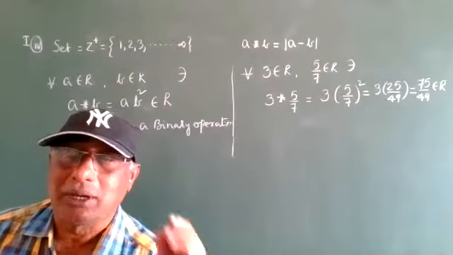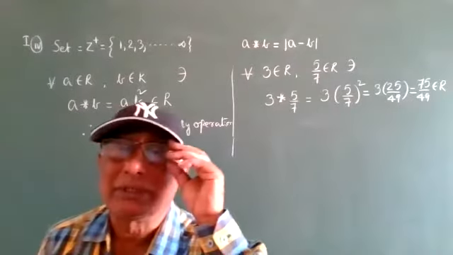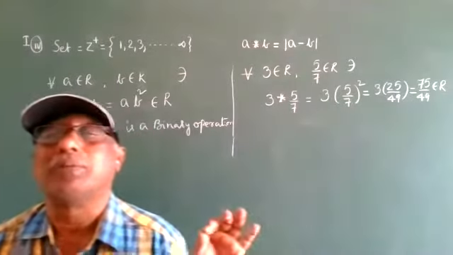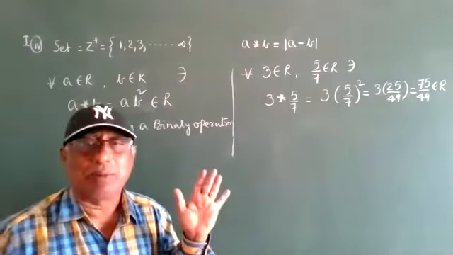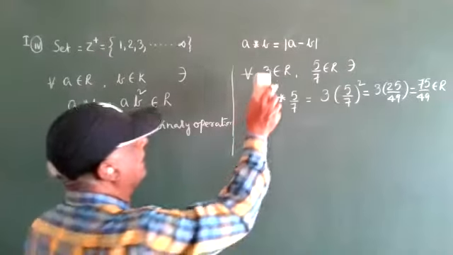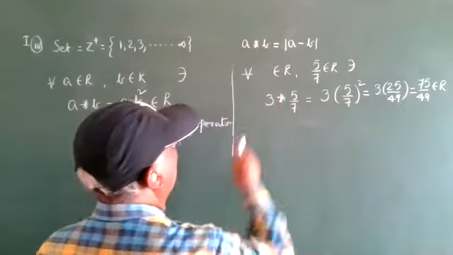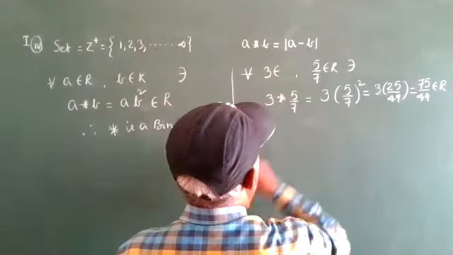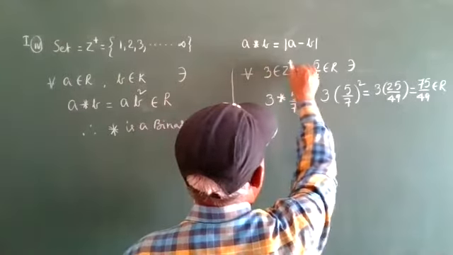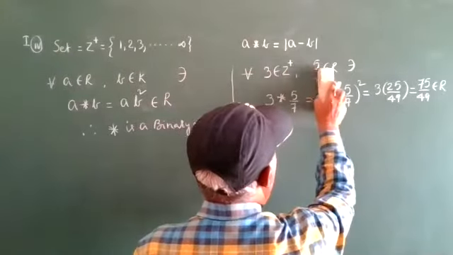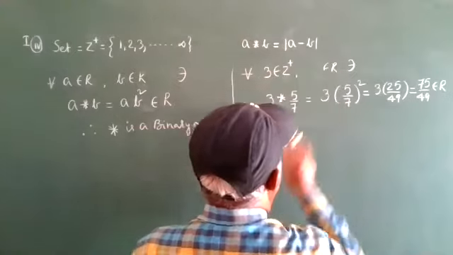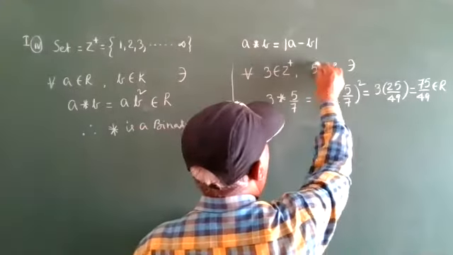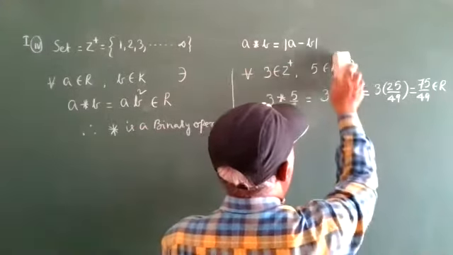Come on, everyone, write down one example and check. Very easy problem, any number we can take. So 3 belongs to Z plus, and 5 also belongs to Z plus.